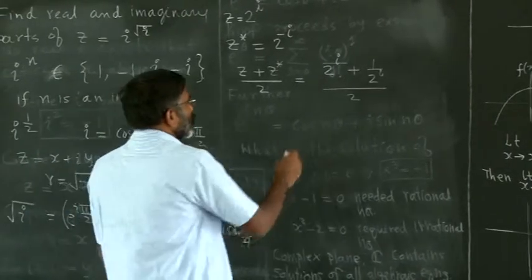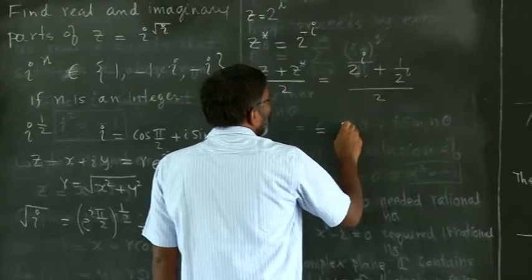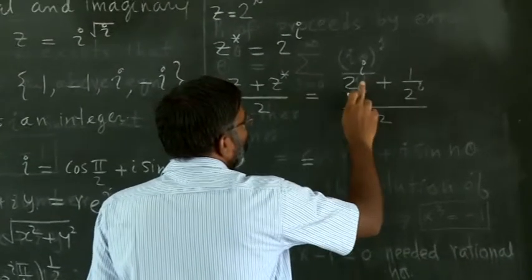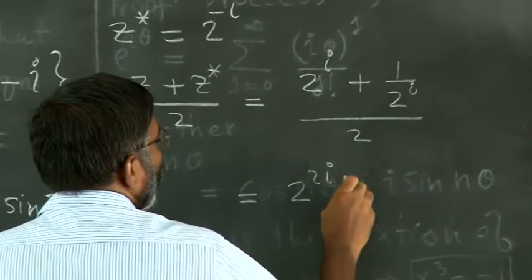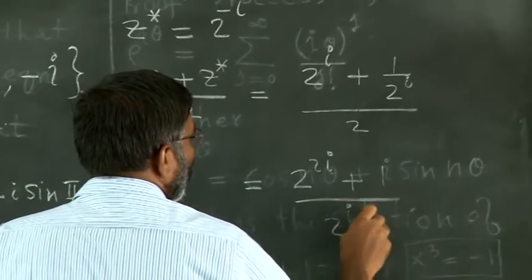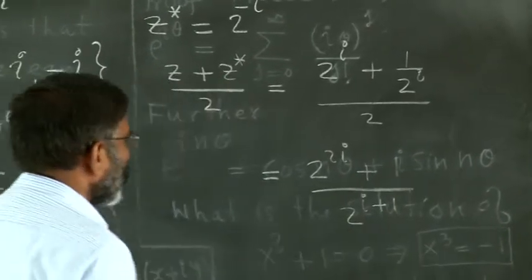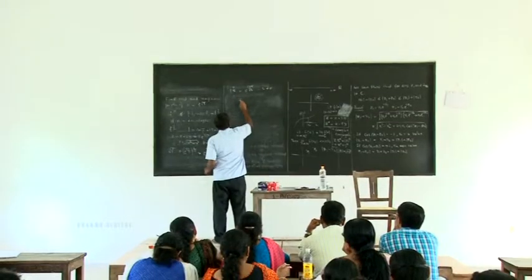Correct? So that is equal to 2 power I into 2 power I, which is 2 power 2I, plus 1 by 2 power I. So that is equal to 2 power I.